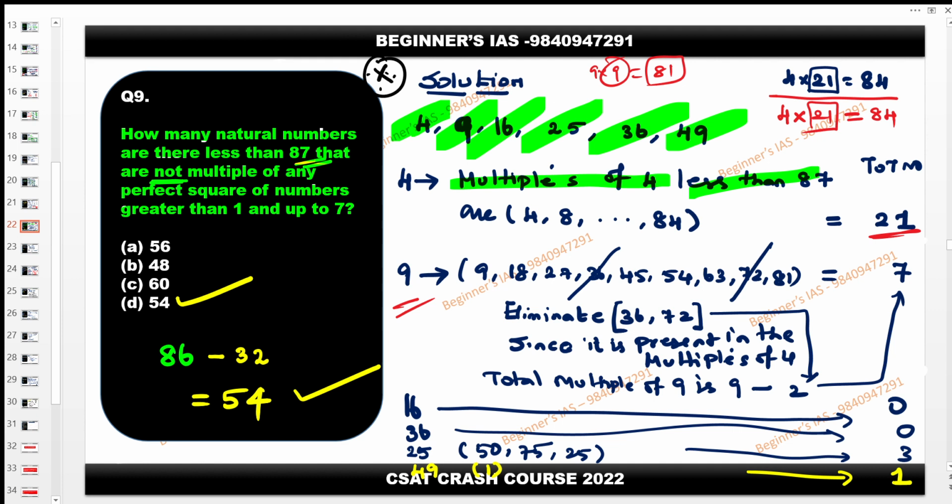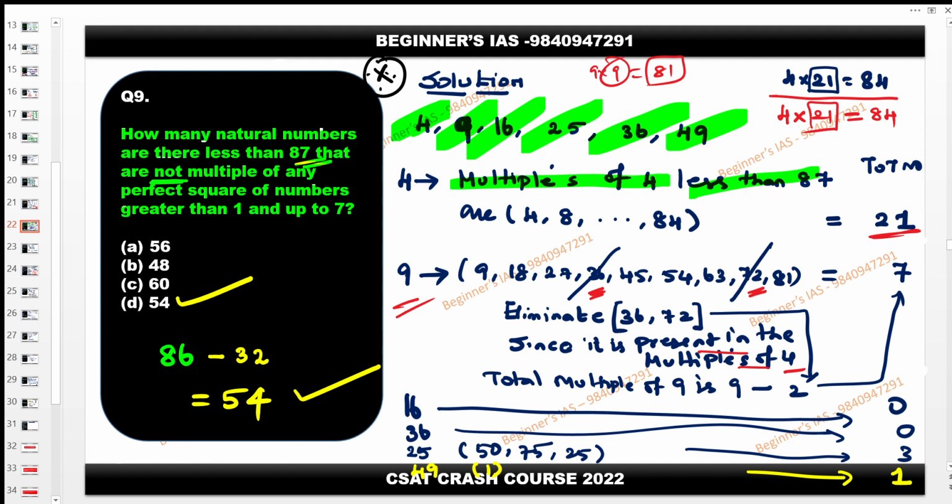But there is some repetition. If you blindly take 36 and 72, it is called double counting. To avoid double counting, since they are already present in the multiples of 4, you should not take them here.